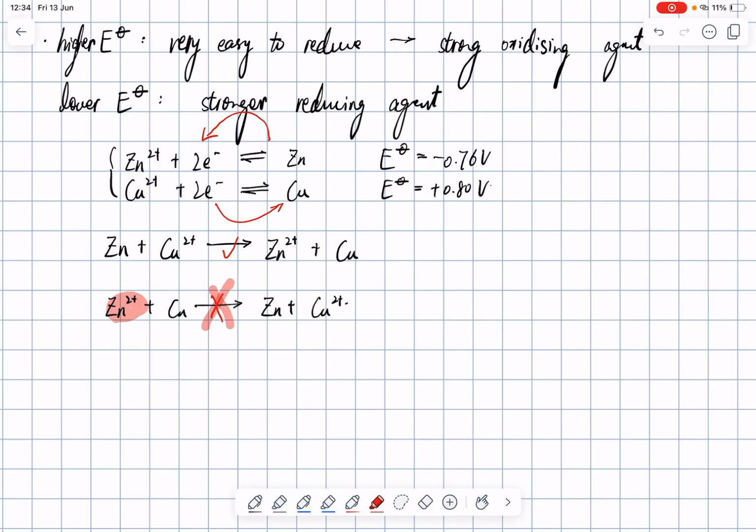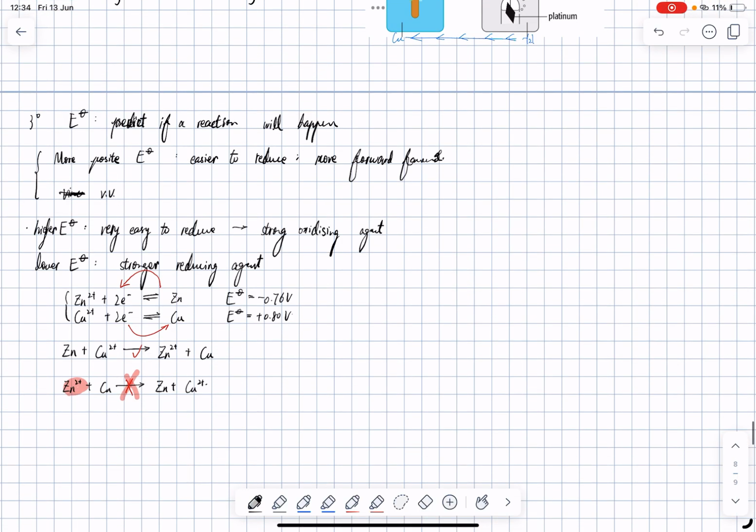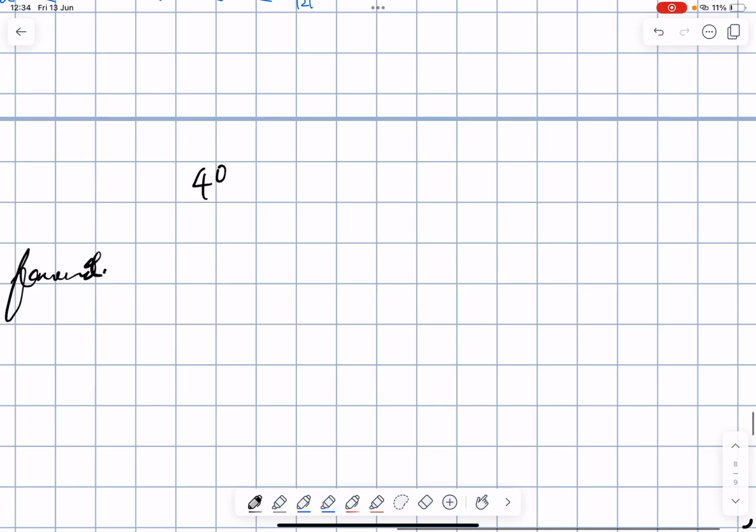And you may now ask, for the previous 40 or 50 minutes, we were constantly discussing electrode potential with standard conditions. What will happen if it's not standard?